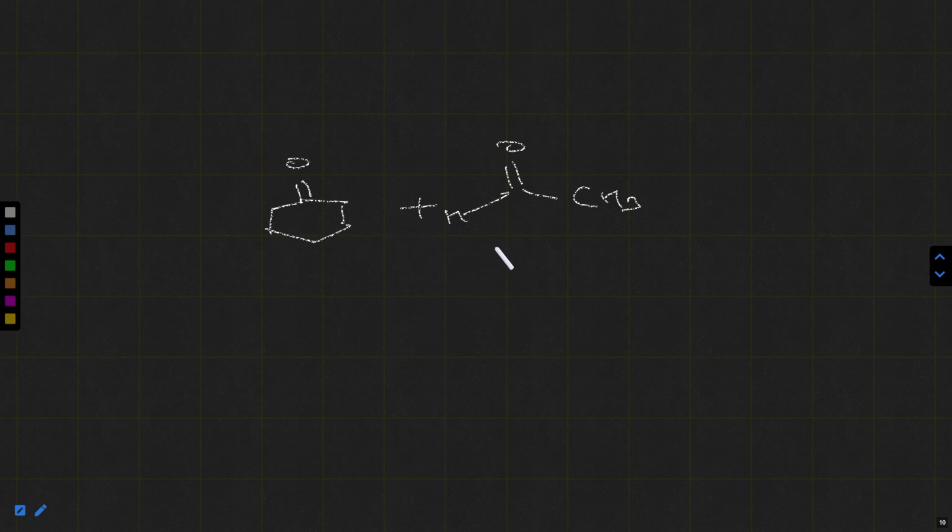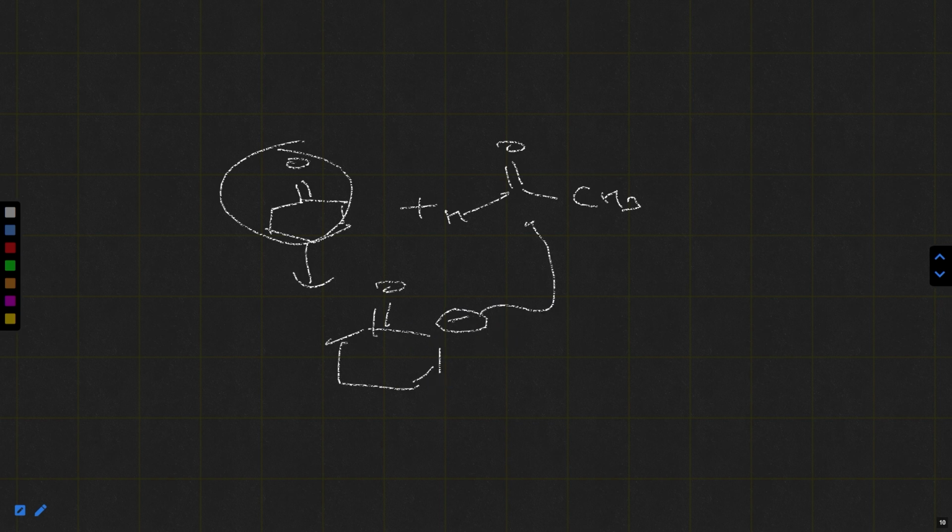In this case, the group that is less hindered, or more vulnerable to nucleophilic addition attack, will not be deprotonated. Out of these two, this one is more vulnerable to your nucleophilic attack. So this one will be deprotonated. Okay, and further this attack will take place, and your required product you can just try to solve it.